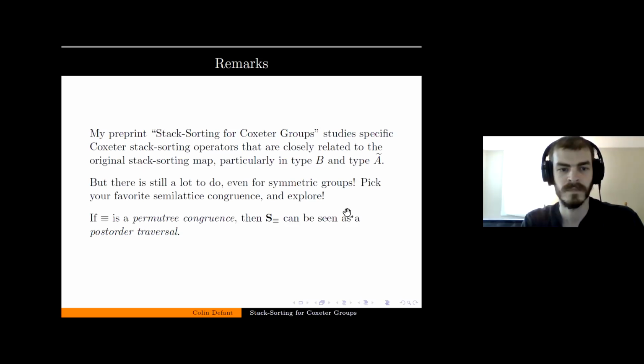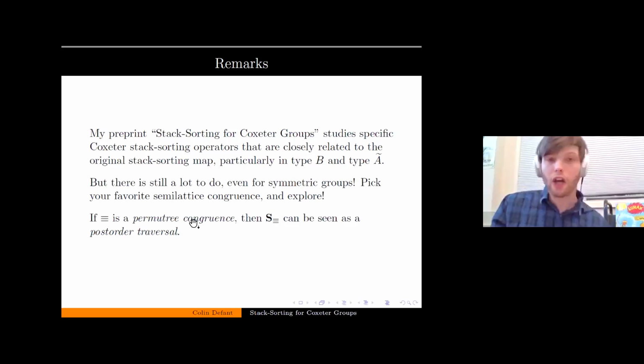I will mention that there are these very nice lattice congruences on symmetric groups, which are called the permutree congruences. These are actually generalizations of the Sylvester congruence and also the descent congruence. They also generalize what are called Cambrian congruences, so if you've seen Cambrian congruences before, these also encapsulate those. And these congruences are nice because they have a nice combinatorial description in terms of these trees called permutrees.